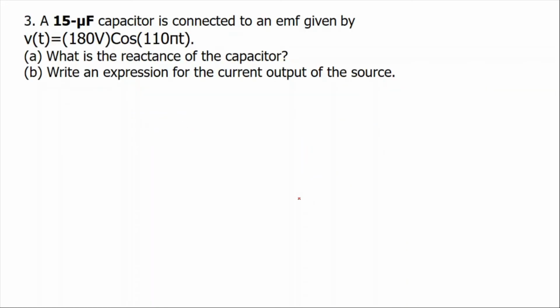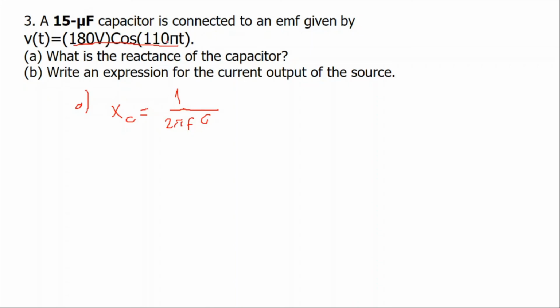So the last question is, a 15 microfarad capacitor is connected to a voltage source given by this equation. Here is our equation. So what is the reactance of the capacitor? To find the reactance of the capacitor, Xc is equal to 1 over 2 pi FC. Now, as you see, we know the capacitance, but we don't know the frequency.